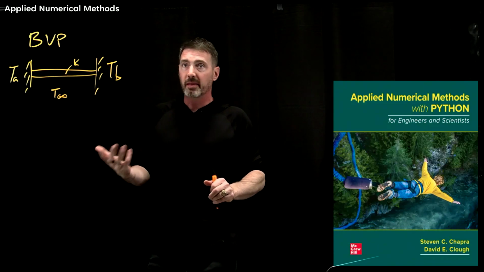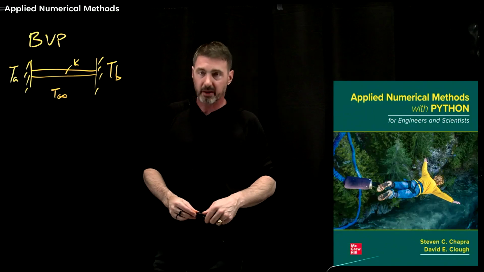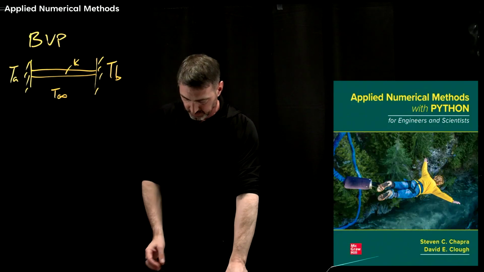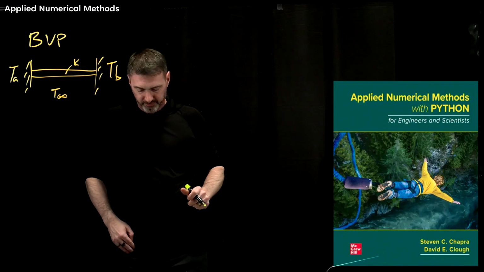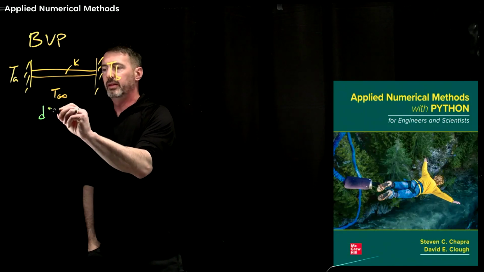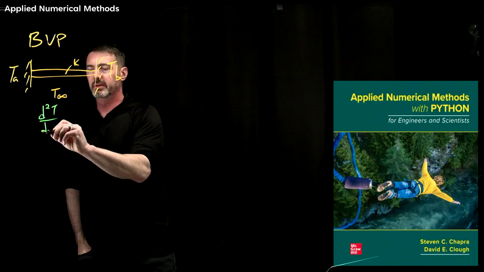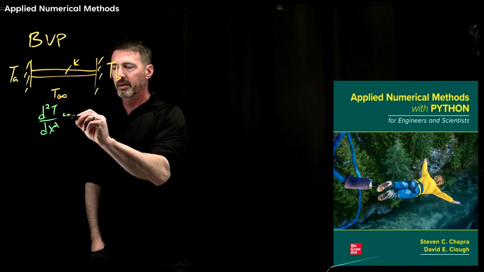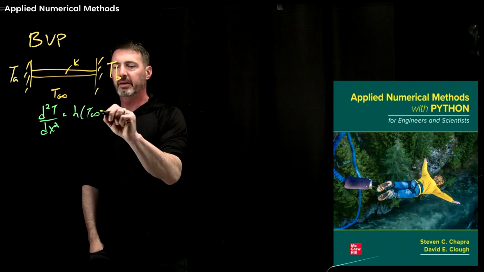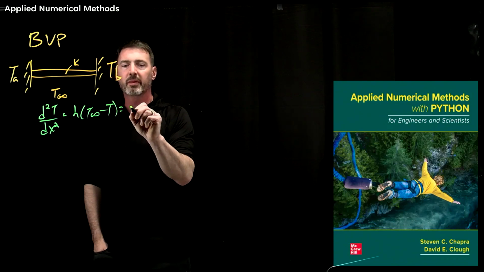And so when we write down some basic assumptions, what we would get along this rod is this: the second derivative of the function with respect to x plus h times (T infinity minus T) is equal to q.